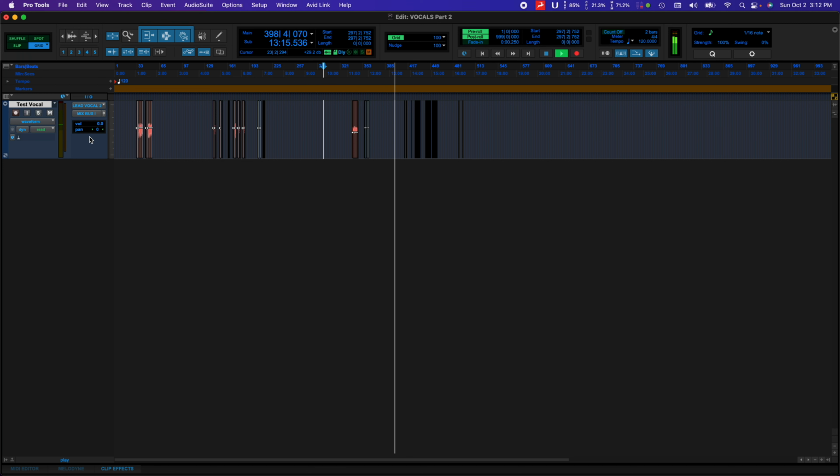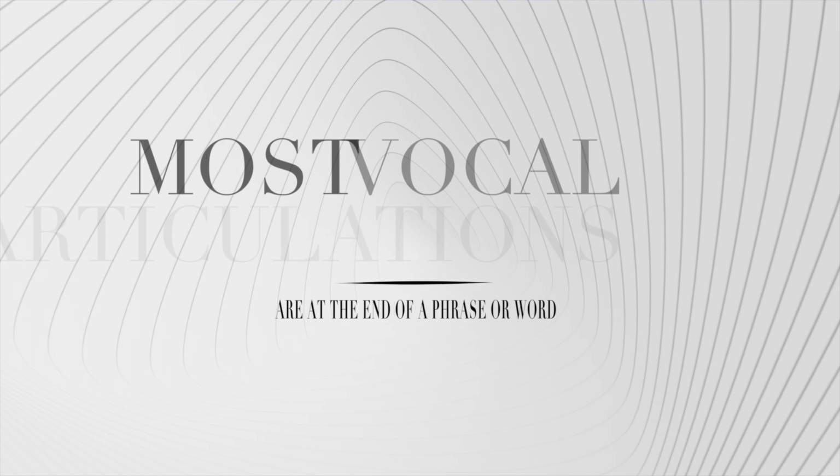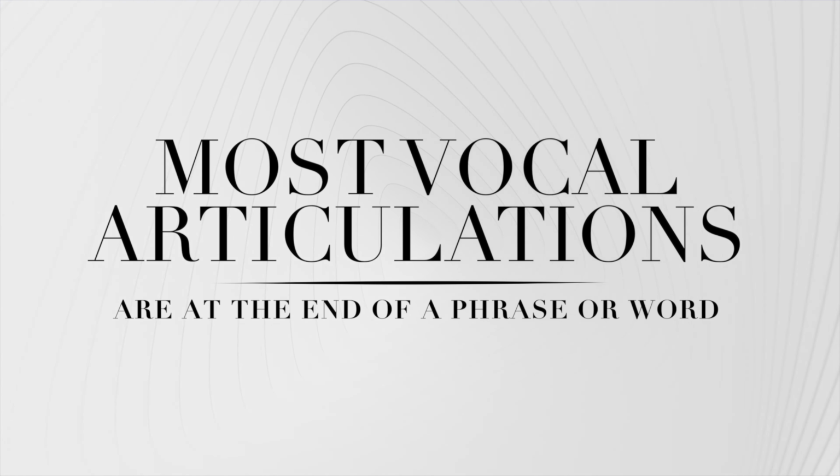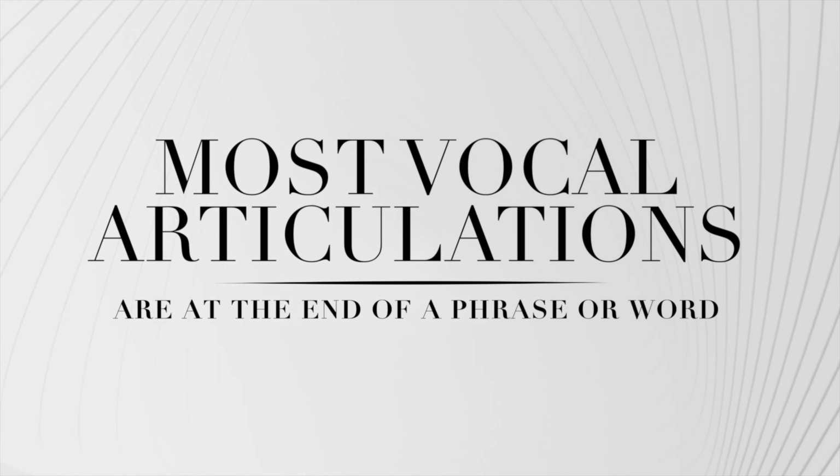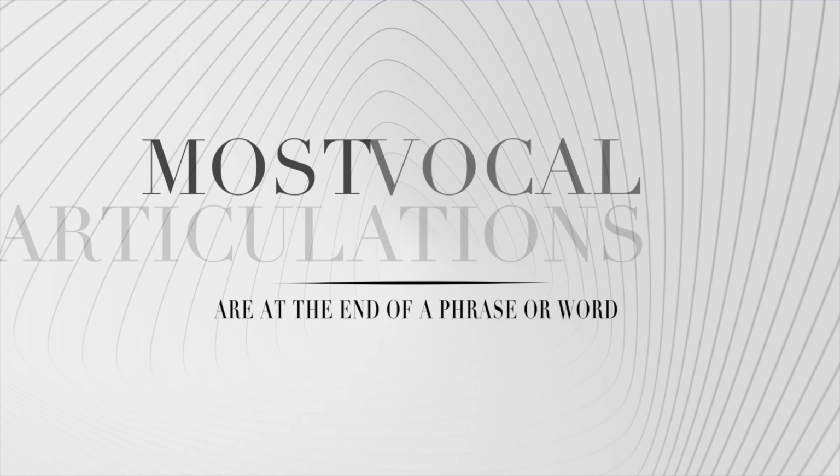But usually that style makes the vocal sound more mechanical than realistic. Even after a vocal, most of the articulation of each word is at the end of a word. So it's very important that you keep the natural feel of that vocalist.